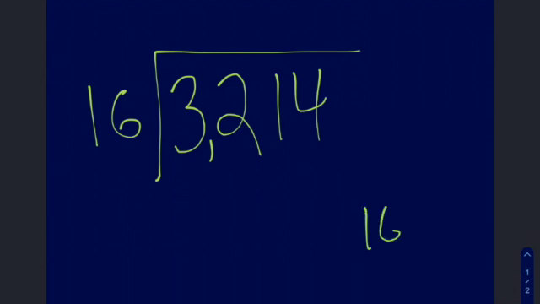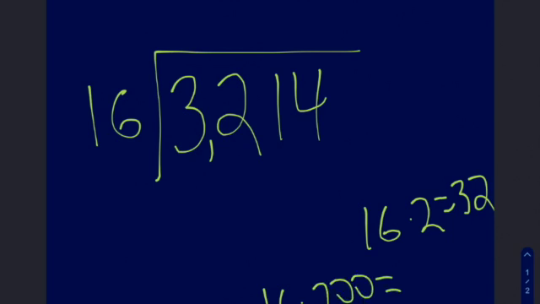I know that 16 times 2 is equal to 32. So that tells me something. That means 16 times 200. How much is that? 3,200, right?